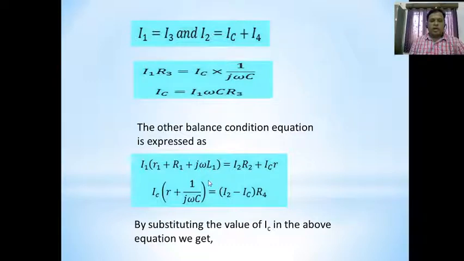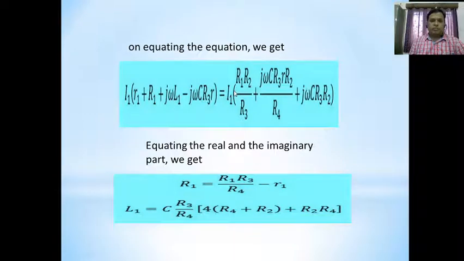Therefore you can write the balance condition as IC into R1 plus R plus 1 by j omega C is equal to I2 minus IC into R4. By substituting the value of IC, that is IC is equal to I1 into omega C R3, in the above equation, we will see now what we get.